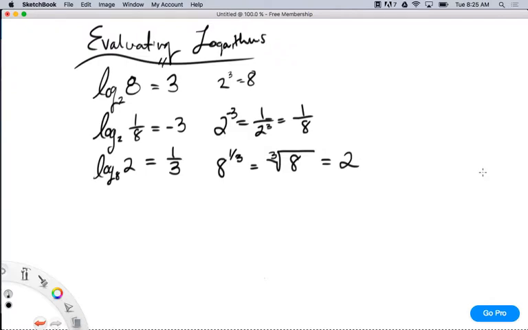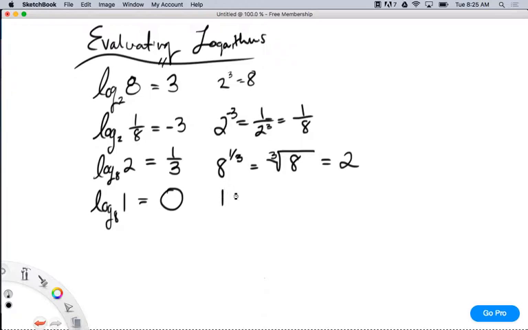Okay? So, in a sense, those are all simple ones because the answer should be evident just by taking a look at it. Okay? When it becomes more difficult, the last thing would be log base 2 of 1, or log base 8 of 1, let's say. And what would that be? 0. Very good. Why?